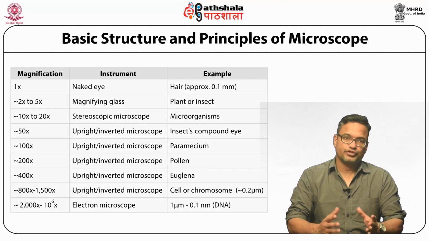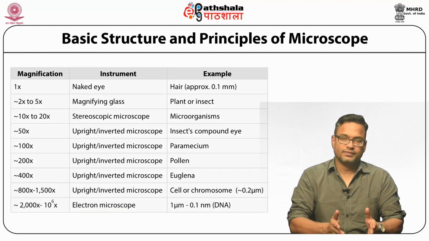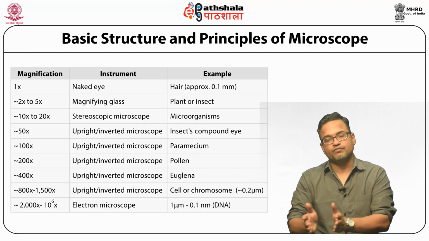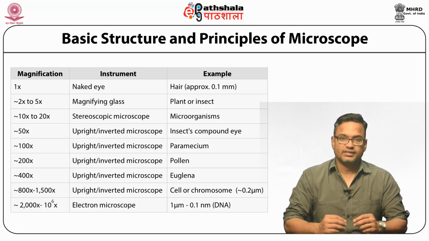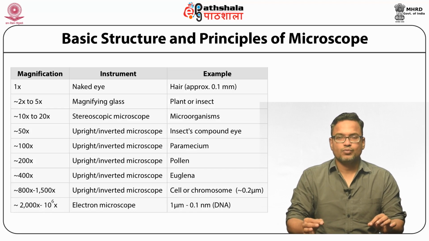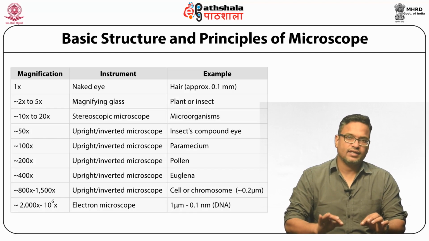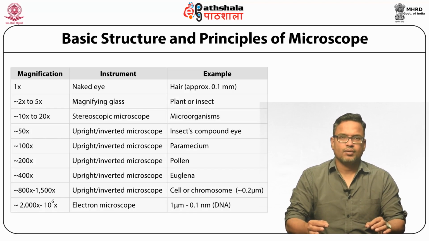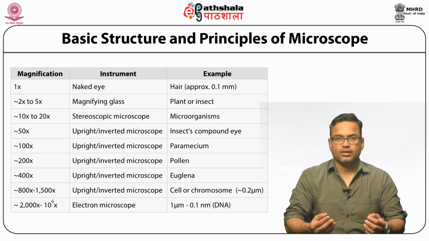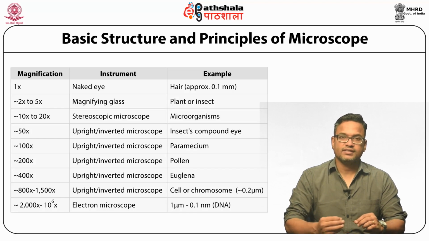Here is a table which gives us a perspective on how important magnification is in terms of visualization. For example, the naked eye can see a hair, about 0.1 millimeter, and 1x is enough to understand what a hair looks like. But we require a magnifying glass when looking at plant cells or an insect, because they are very small, and we require at least a magnification of 2 to 5x.